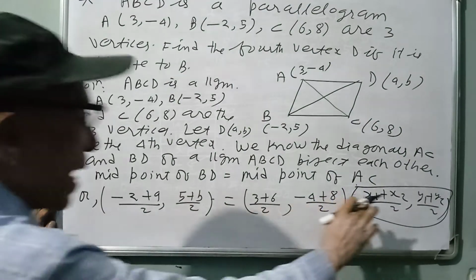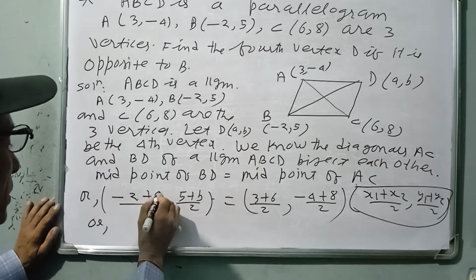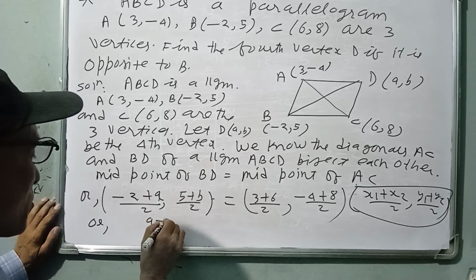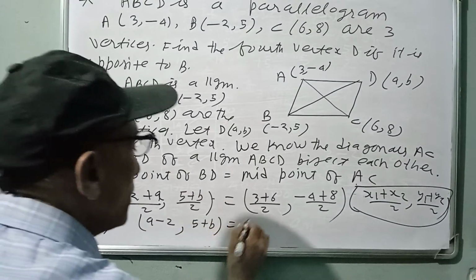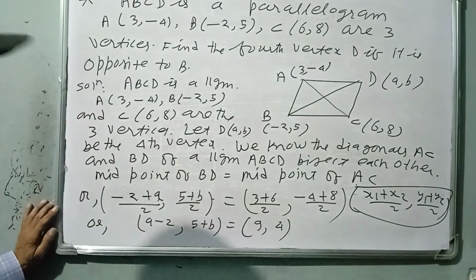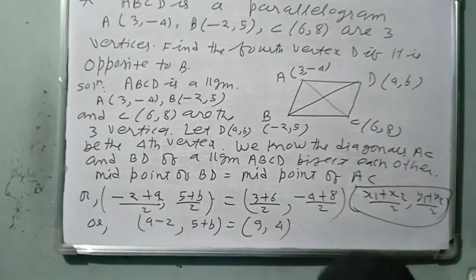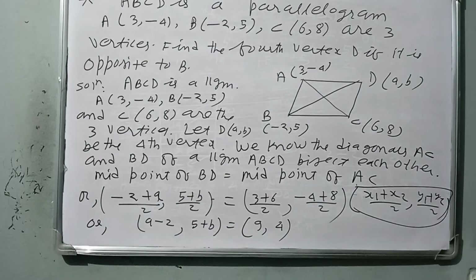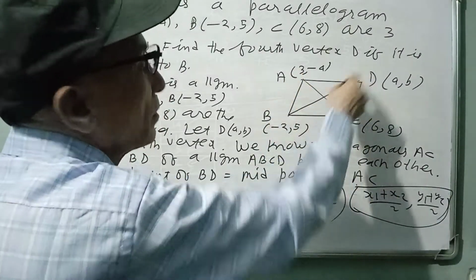Now equating like terms, the 2s cancel, giving a minus 2 and 5 plus b equal 9 and 4, cancelling 2 from all sides. First, what did we do? ABCD is a parallelogram. The diagonals AC and BD bisect each other at a point O. A, B, C are given, D is unknown.